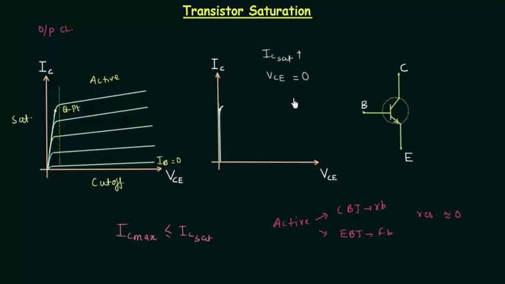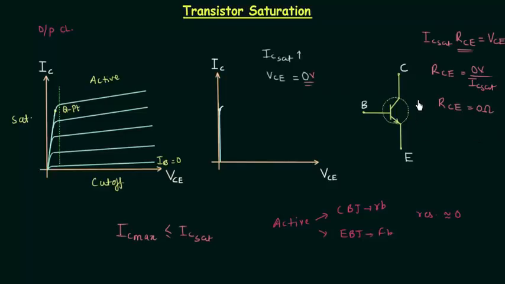Now we will try to find out the resistance, and for this I will use Ohm's law. We know IC sat multiplied with RCE is equal to VCE. We want to find out resistance RCE, so RCE is equal to 0 volts, because VCE is equal to 0 volts, divided by IC sat. So simply the resistance is equal to 0 ohms.